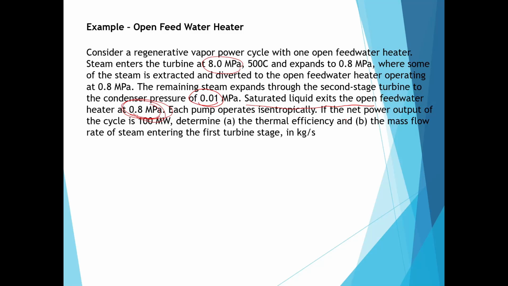It doesn't matter if you are not able to complete the whole thing, but at least try to figure out the schematic diagram as well as the TS diagram for this problem. Later on you can work with me in the video and see how it's done.